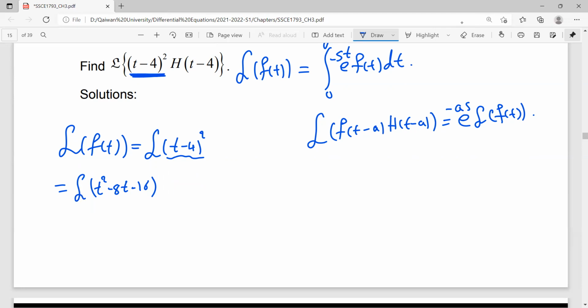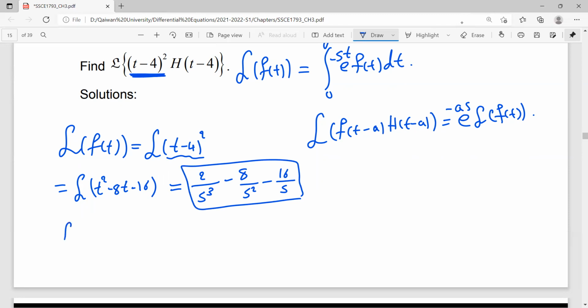The Laplace transform of t squared is 2 divided by s cubed. And the Laplace transform of 8t is 8 divided by s squared. And the Laplace transform of 16 is 16 divided by s. This is the Laplace transform of f of t.